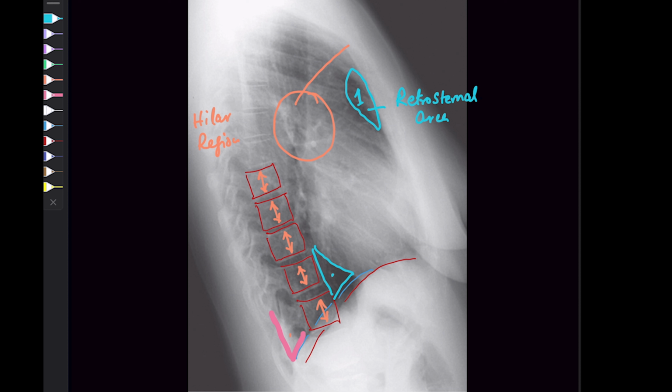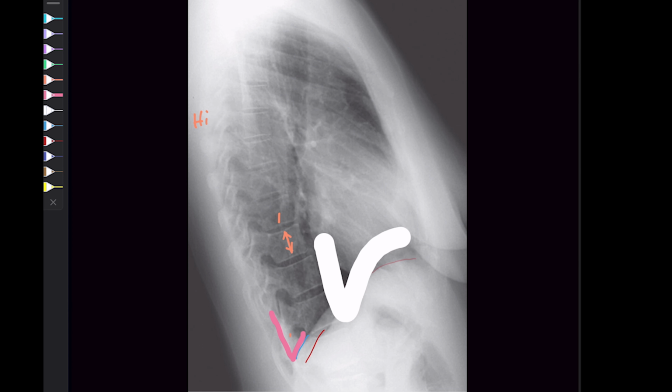Then we have some more important structure. For that, I need to erase all of them. And what's that? Let me select the color here. And if you can pay attention, can you see this line? And let me draw another line for you.